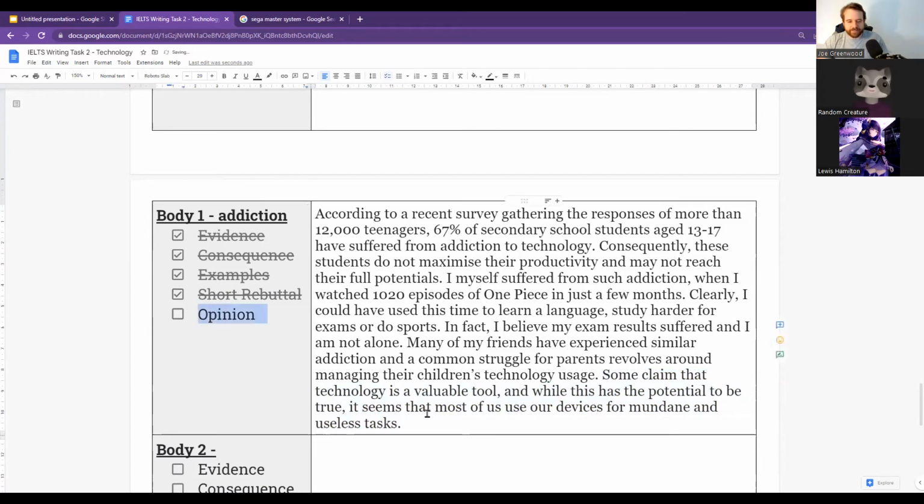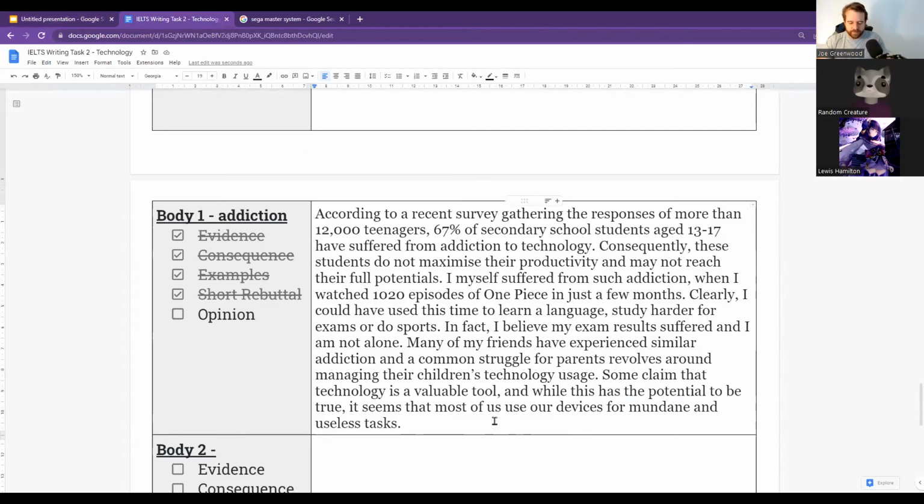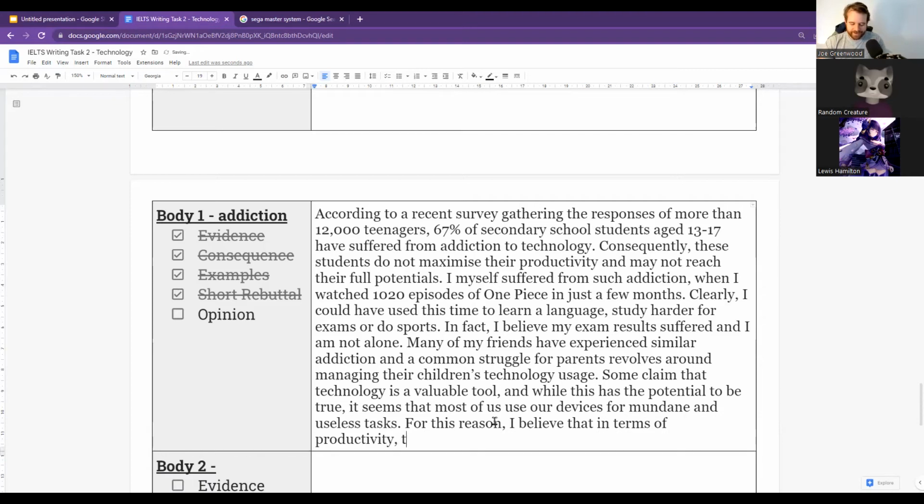Now my opinion. So I want to use one of these words. So it is reasonable to suggest, this seems too formal. For this reason, I believe is quite clear. For this reason, I believe that in terms of productivity, technological advancement has done more harm than good.